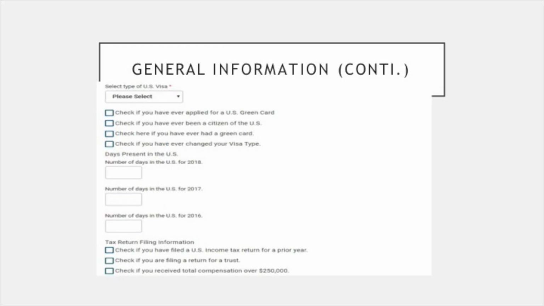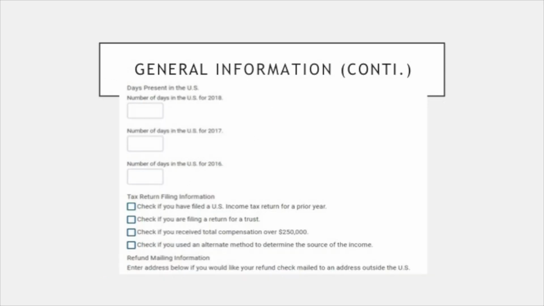If you've been here for more than a year, you may have filed a tax return in previous years. Check that box. The other 2 boxes you'll hardly ever check because you're not filing a tax return for a trust, and almost no students I know of have compensation over $250,000. Okay, the number of days that you were present, again, for the last 3 years.